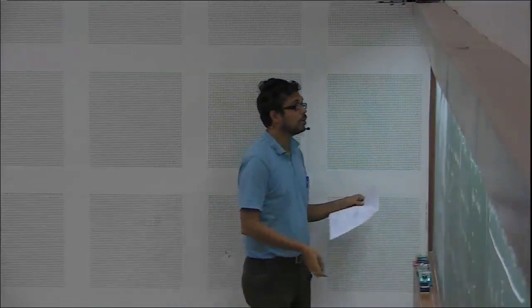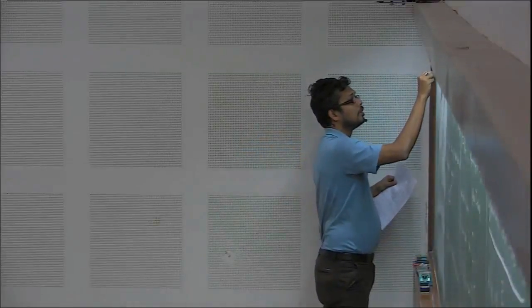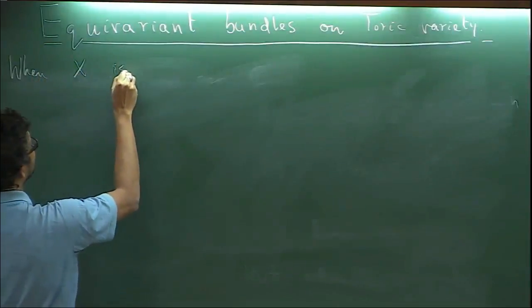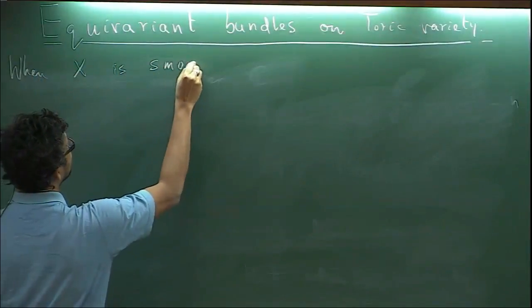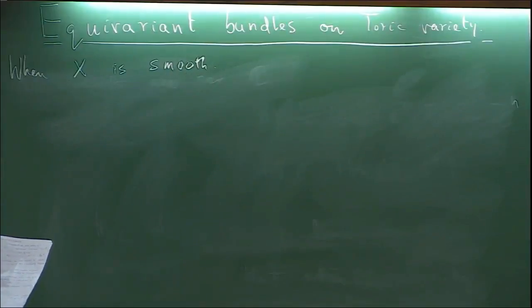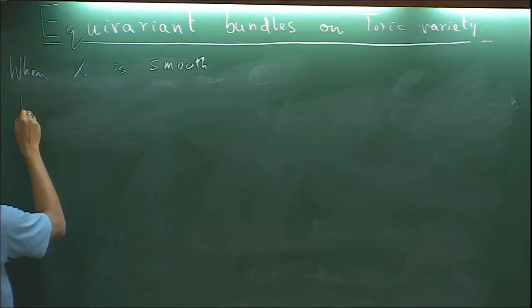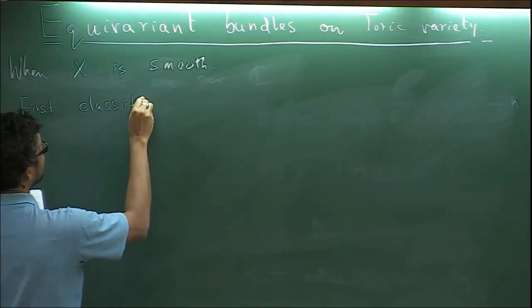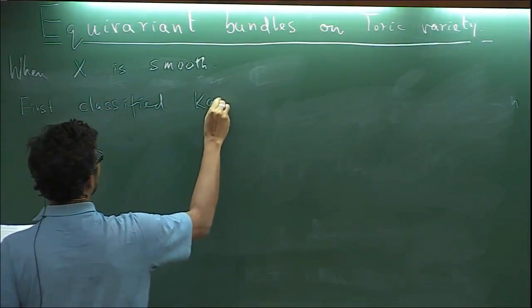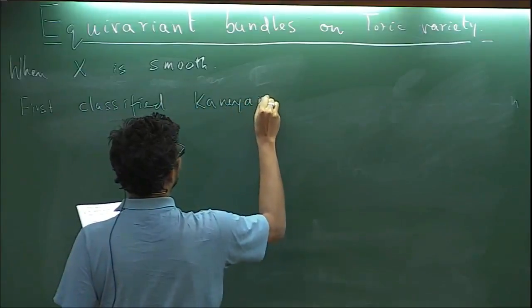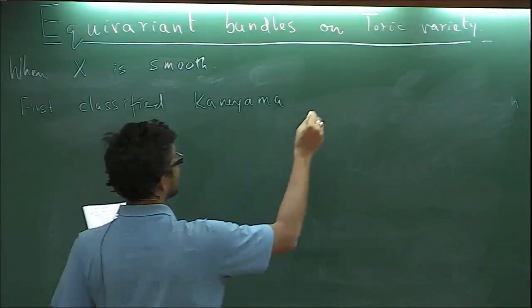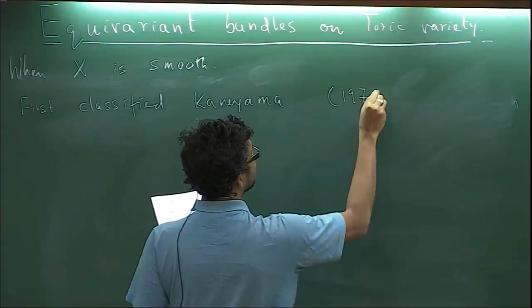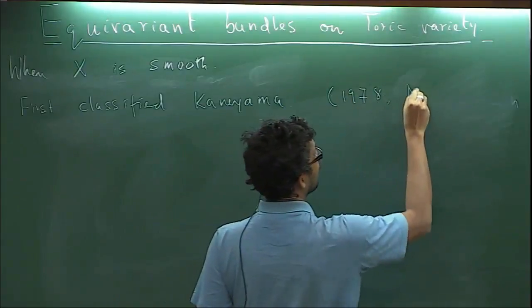When X is smooth, this was first classified by Kaneyama in 1978, published in Nagoya.